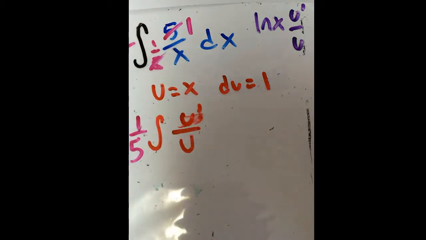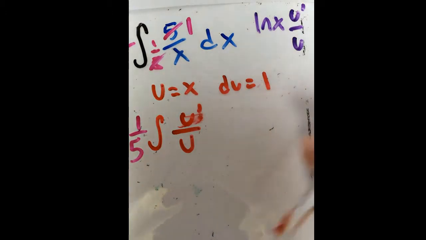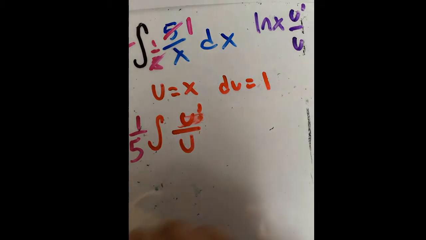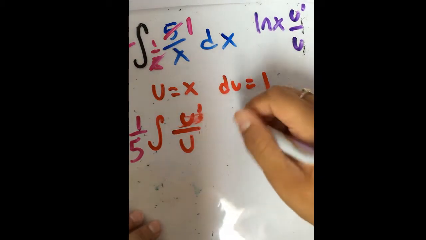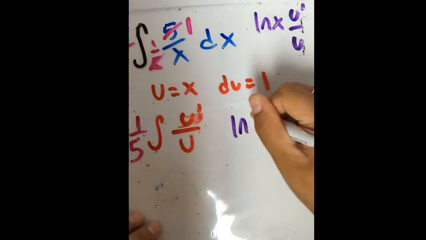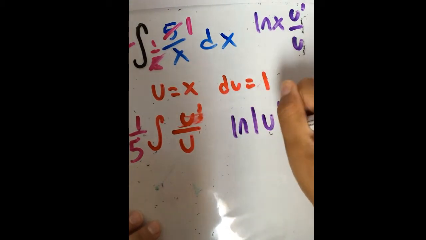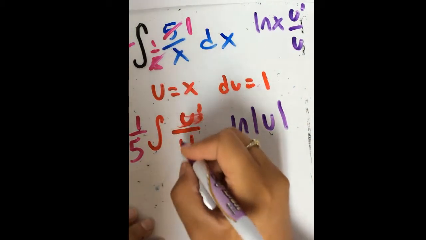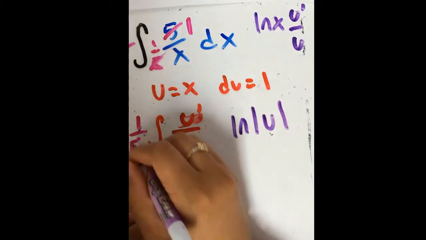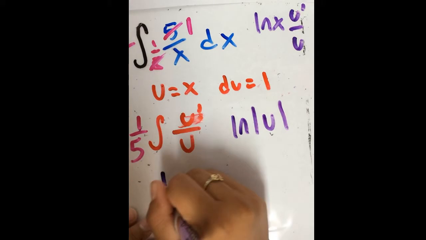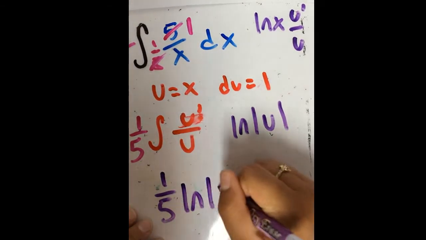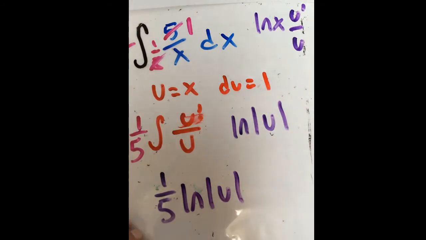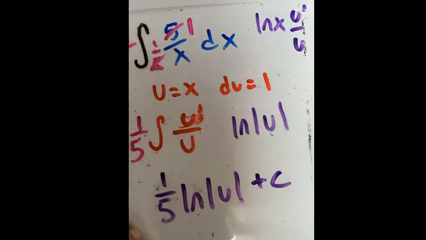So whenever you have the u prime over u format, the antiderivative of that would be ln of the absolute value of u. So taking the antiderivative of that, you keep the 1/5. Then you have the ln of u, absolute value of u, and then your plus c.